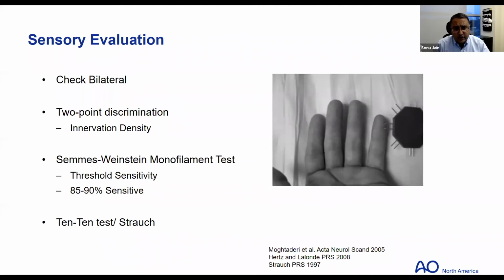And then you could do the 10-10 test devised by Dr. Strauss, which basically, if you have a normal side, that's a 10, and you touch the abnormal side and have the patient tell you, on a scale of 1 to 10, what would that be compared to the other side? It would be a 5 out of 10 compared to 10 out of 10 on the normal side, etc.